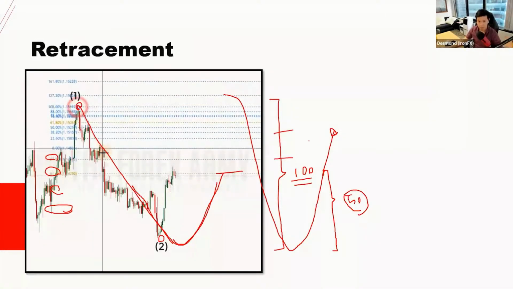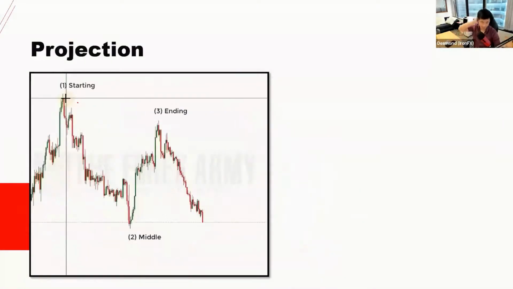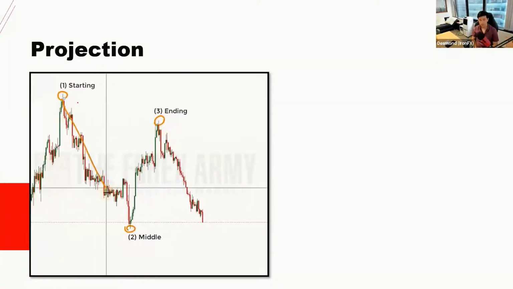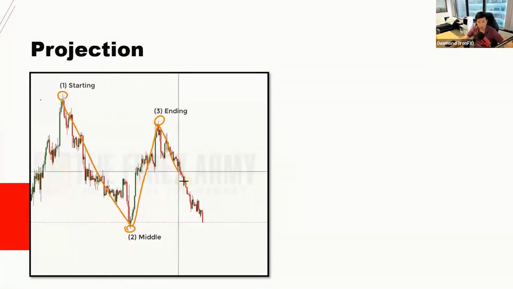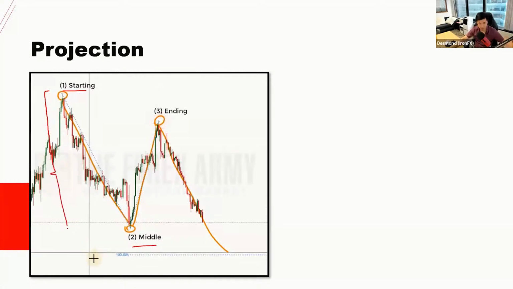Now the next thing we do is Fibonacci projection. It is a little bit more complicated, but it means you see the starting point here and the middle point, and you take the distance from the starting point to the middle point.